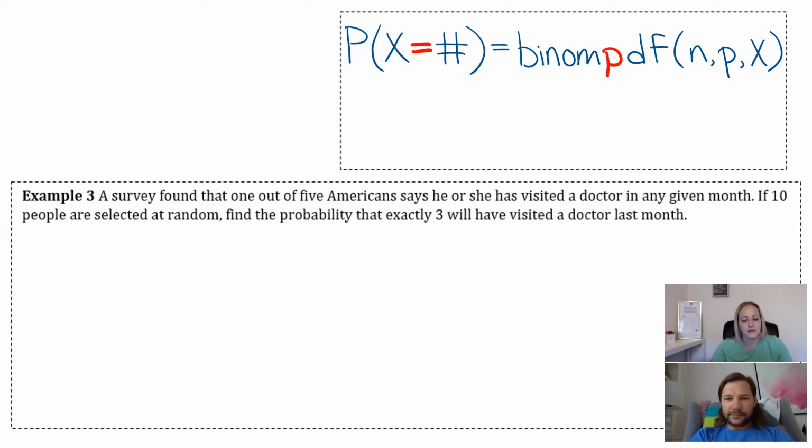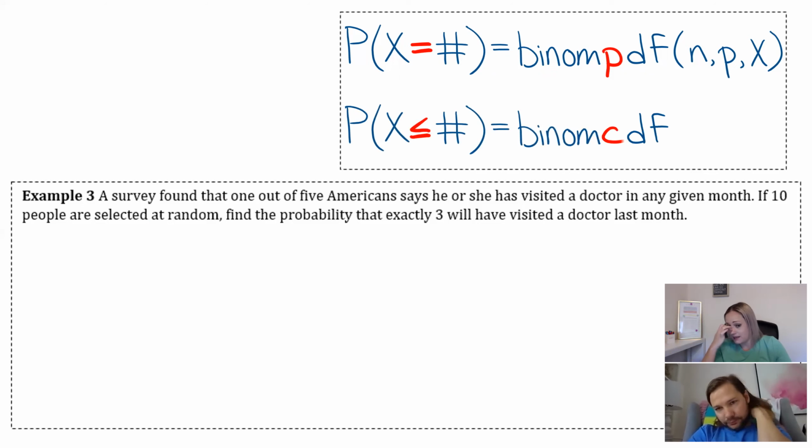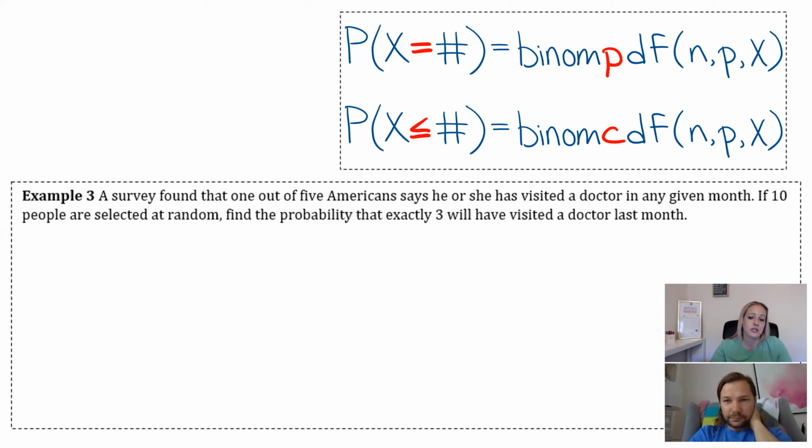Now, the other thing that your calculator can do is it can add up multiple probabilities for different X values. So it can also figure out the probability that X is less than or equal to a certain number. So in that case, we're going to go to a function called binomial CDF, where the C stands for cumulative, because it's going to add up a bunch of X values for us.